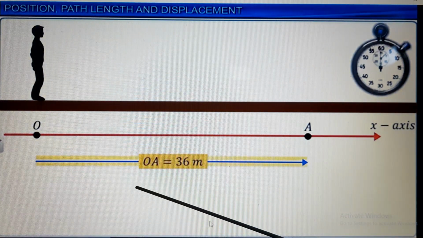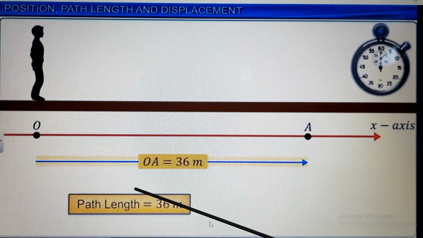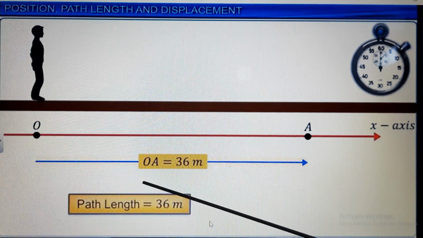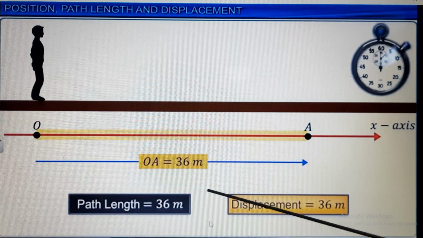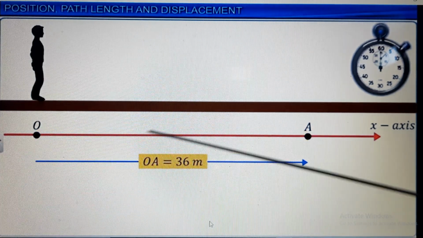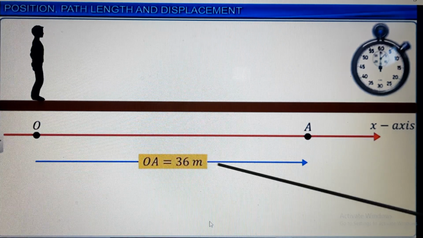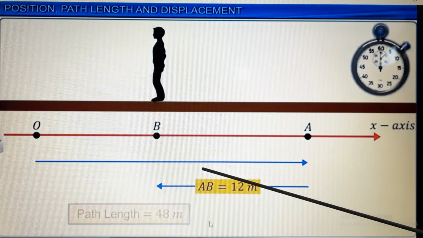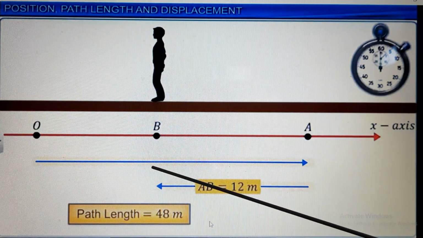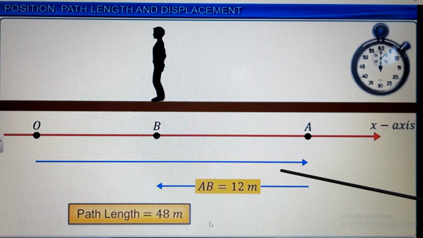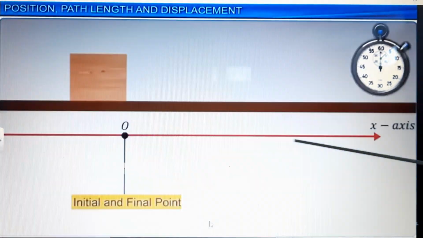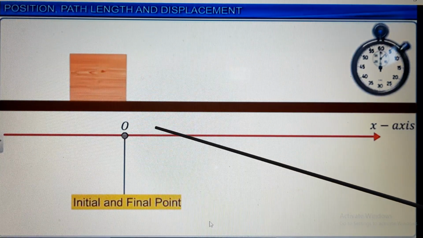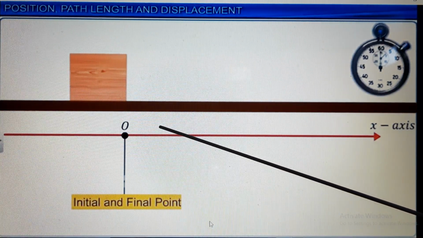Path length and displacement are not the same. Path length is the total distance. Here for O to A, path length and displacement are both 36. But in this case, path length is 48 meter because it moved from O to A and A to B. But displacement is 24 meter.